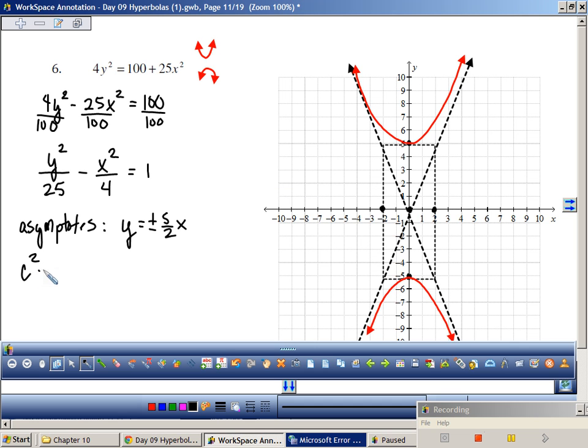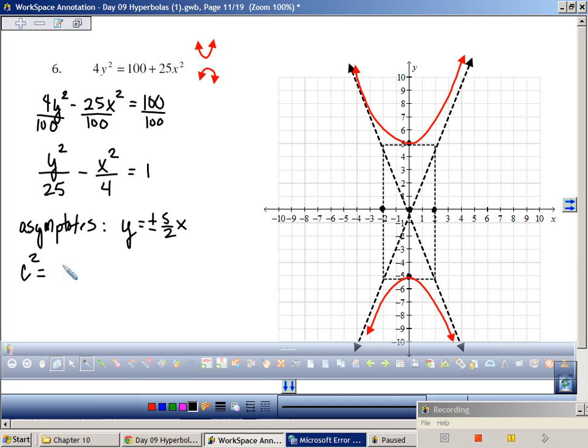Okay, so c squared equals what? A squared plus b squared, which is what? 25 plus 4, 29, or c equals the square root of 29. Okay, this is the hardest part, right? Where am I going to begin? From 0, right?